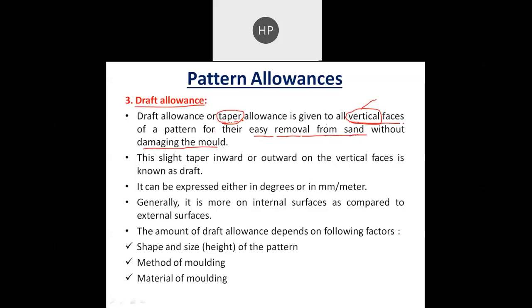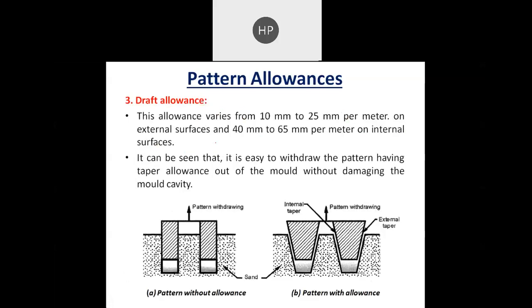Okay, so if we see this diagram here, you can see this is the pattern, and this is a vertical face of the pattern, and this is a vertical face, and this is a vertical face.